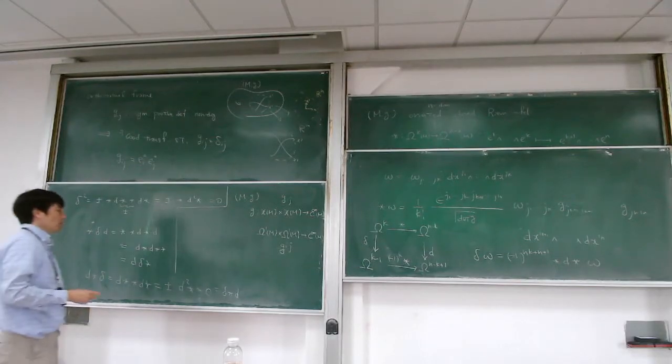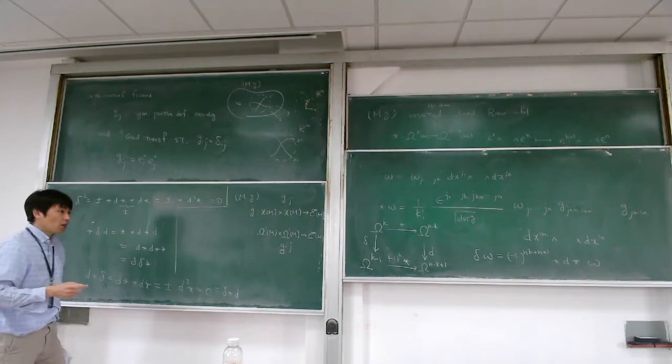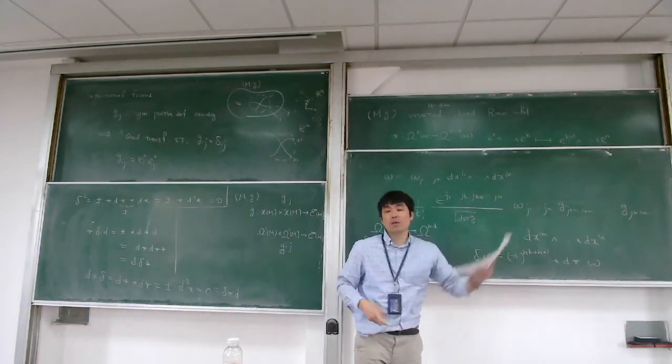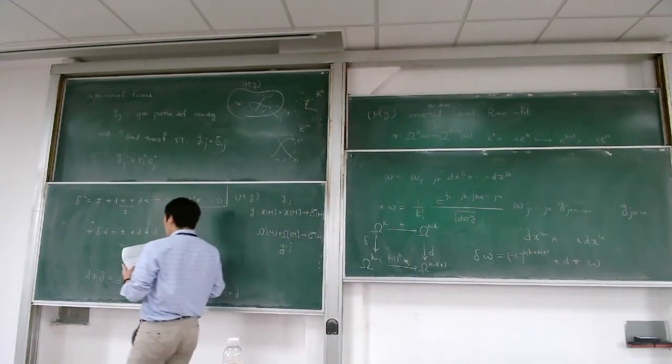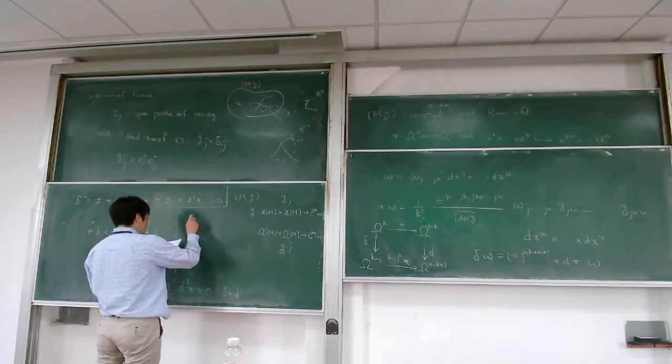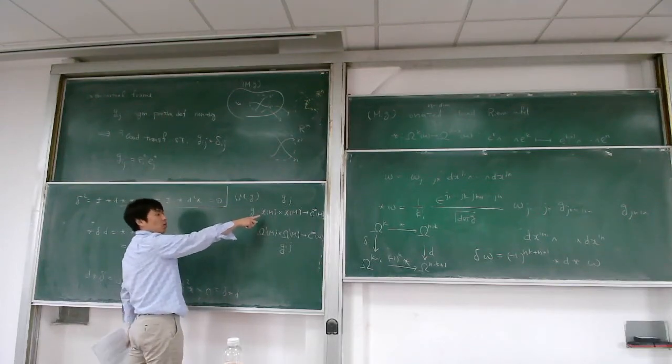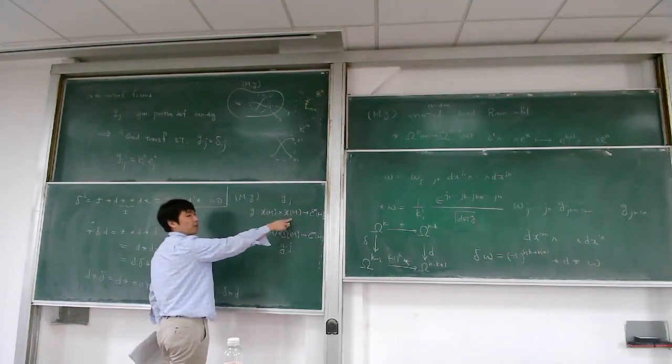But now, if you use this Hodge star, and we assume M is an oriented closed Riemannian manifold, then one can introduce a so-called inner product on omega k. The metric will give you the inner product of vector fields and one forms.